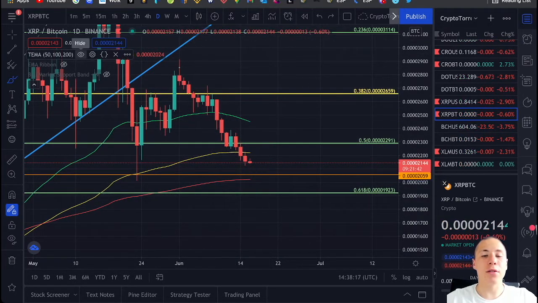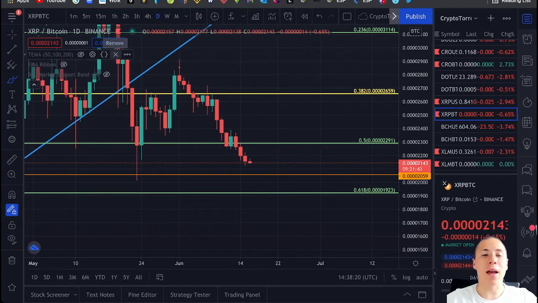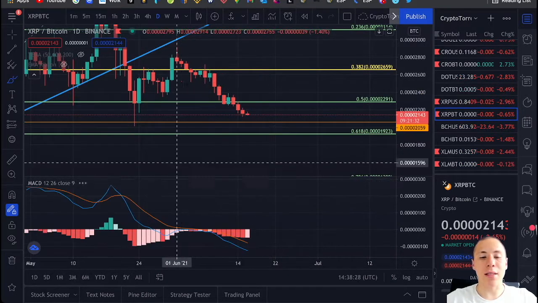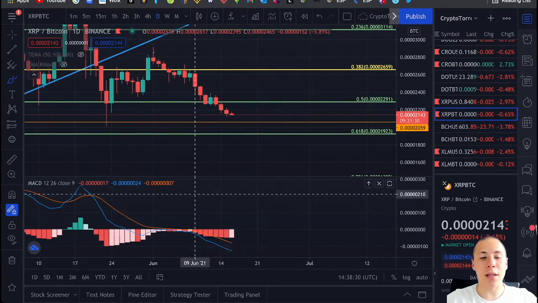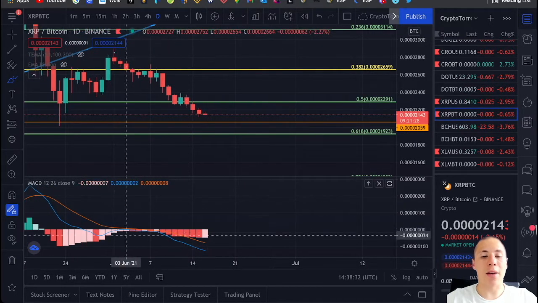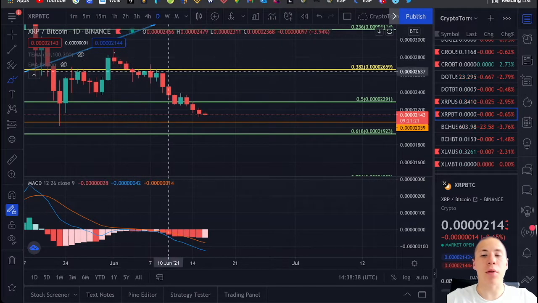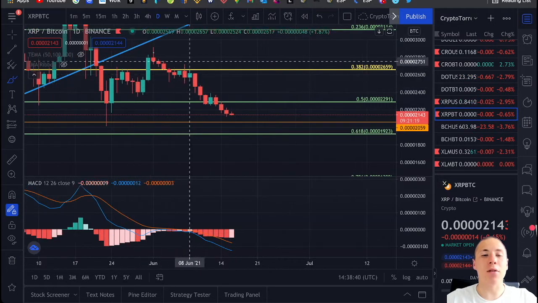And to show you what could possibly happen next, I would like to enable the MACD, to take a look at what it's saying to us. What you could see over here is that the MACD did almost have a crossover at approximately the 4th of June compared to Bitcoin, when it was trading above the 0.382 Fibonacci level, the golden pocket entry.